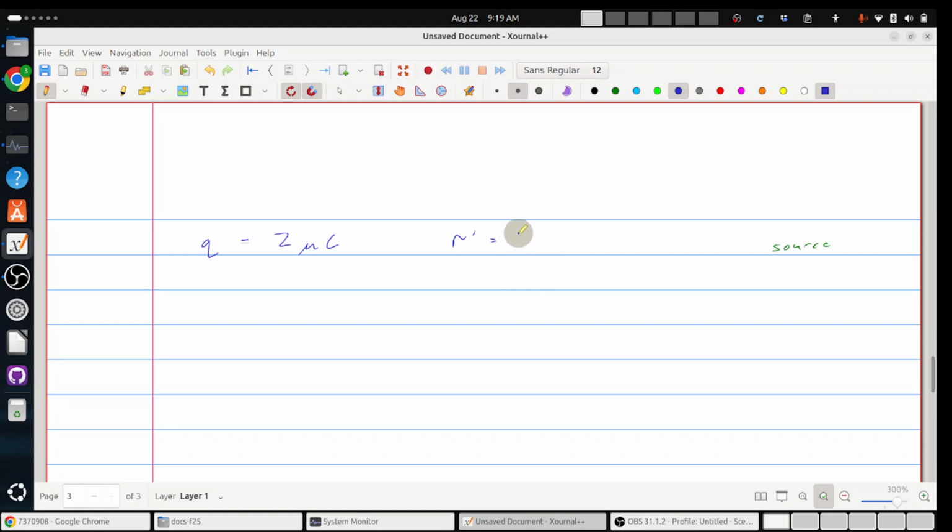I'm going to say it's at 3 i hat plus 2 j hat minus 4 k hat. So it's a 3D vector with 3D components. So this means that x prime is equal to 3, y prime is equal to 2, and z prime is equal to negative 4. Make sense so far?